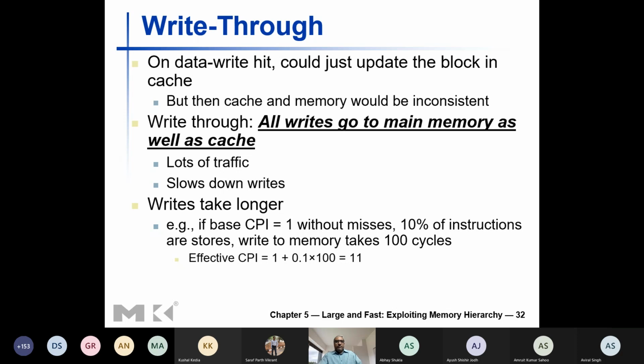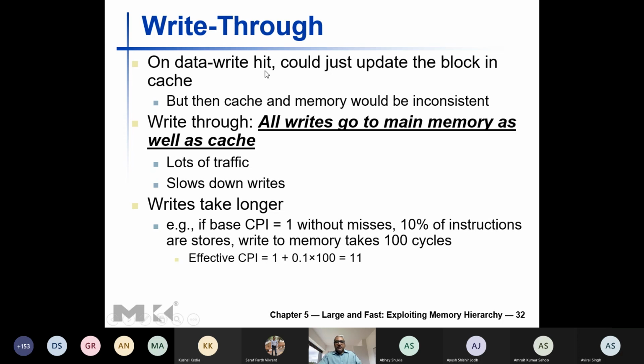Right. So suppose when you attempt to write something, at that time it's a hit. It means you want to write something into a particular address, and that address is available, so you can write into it, storing the result or whatever.